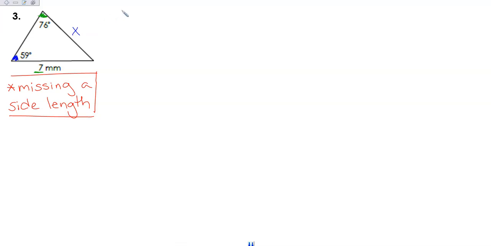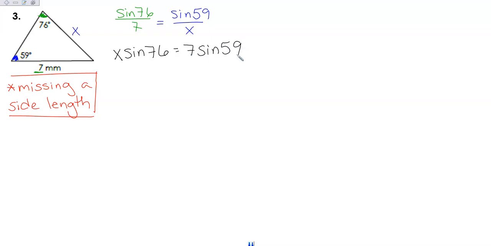So I'm going to set up the sine of 76 over 7 equal to the sine of 59 over x. We're going to cross multiply to get what we need. So I'm going to do x times the sine of 76 is equal to 7 times the sine of 59. We are going to divide both sides by the sine of 76. So this is going to be 7 times the sine of 59 divided by the sine of 76.